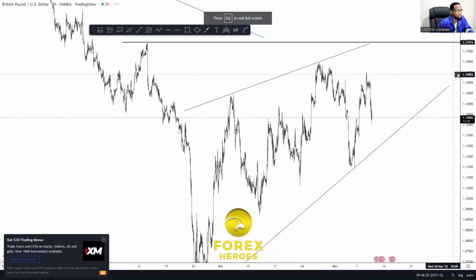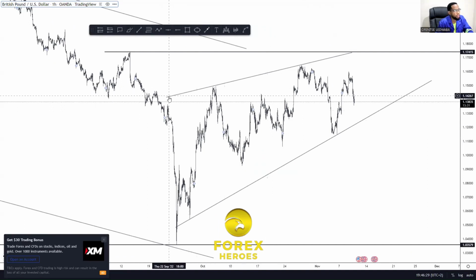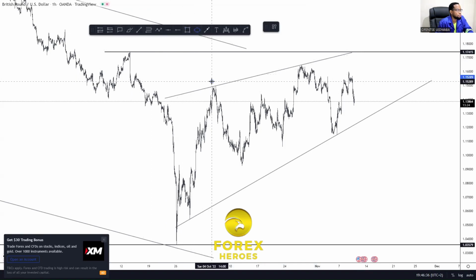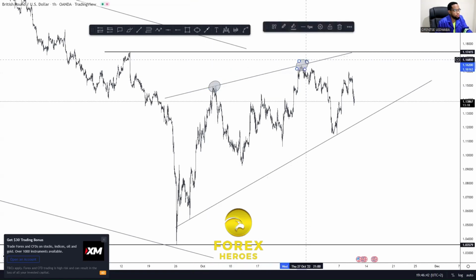Because you must always remember, it's not always going to be perfect. You can see here we are having 2 touches. 1, 2. So this is still below this.